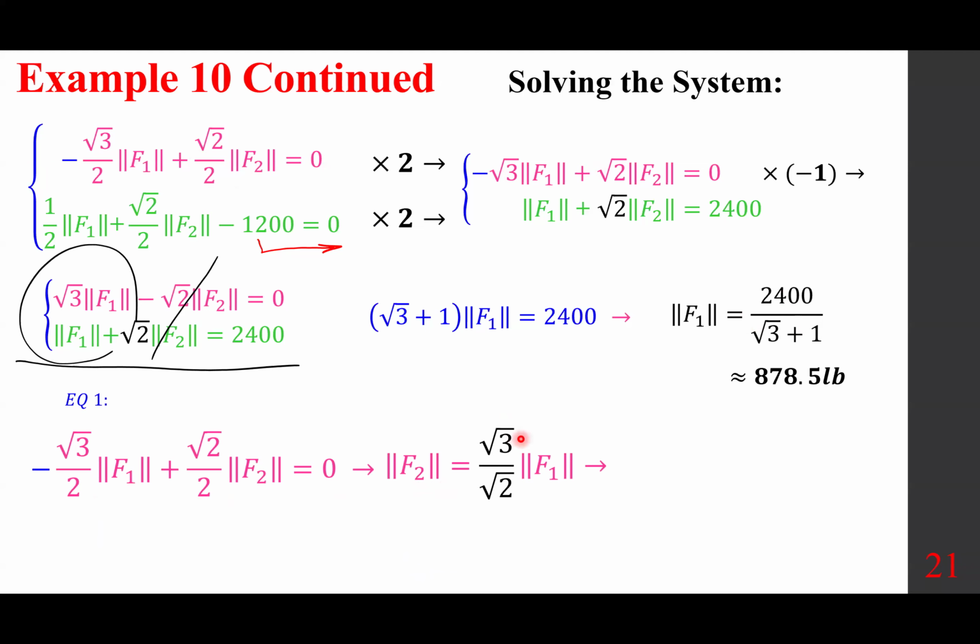F2 is square root of 3 over square root of 2 times F1. So multiply this by square root of 3 over square root of 2. Again, this is an exact answer. You put it into a calculator, you get 1075.9 pounds. That's an exact answer, everybody.